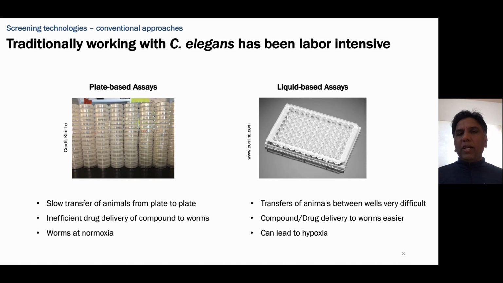And another big drawback, especially for drug screening using plate-based assays, is that a significant portion of the drug is just soaked in the agar. So the animals are not getting enough dosage, if you will, and that complicates interpretation of the data.